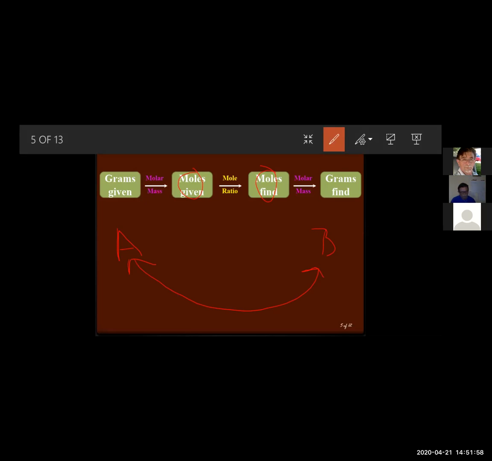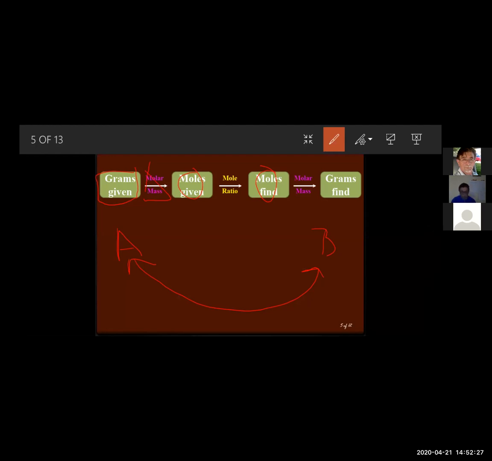And if we're given grams of a material, whatever A will be, if we know the molar mass of A, and we divide by the molar mass, we get moles. Moles given, that is what we're given in the problem. Okay.